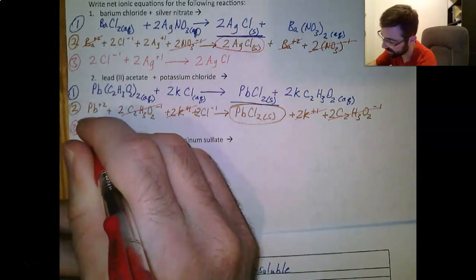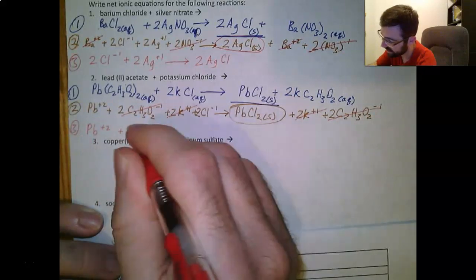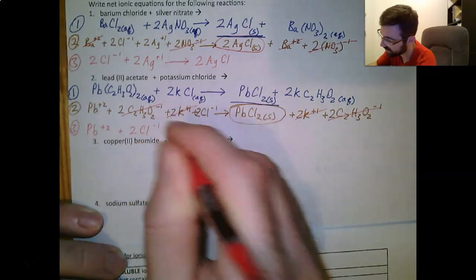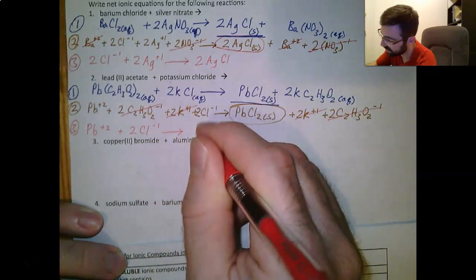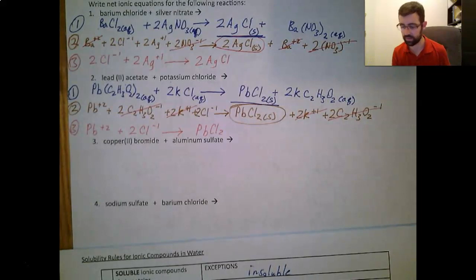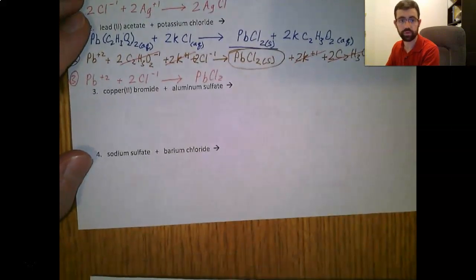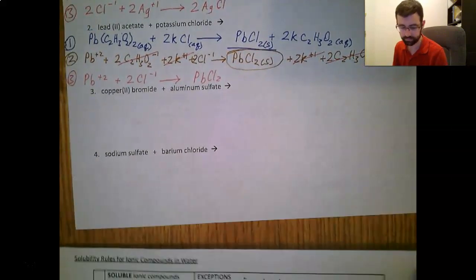Pb plus 2 plus 2Cl minus 1 yields PbCl2. There's sample number 3. Or example number 2. Let's do number 3. Copper 2 bromide.